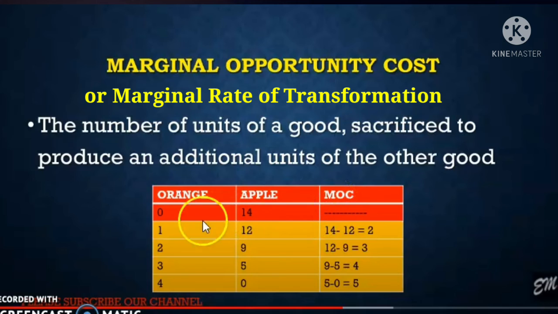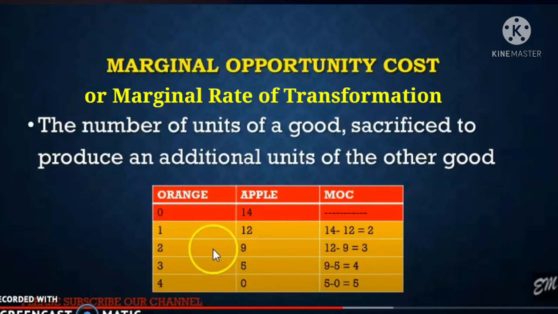At the second level, with one orange produced, we produce only 12 apples. So how many units did we sacrifice? It is 2 units, in the second combination, that is B.